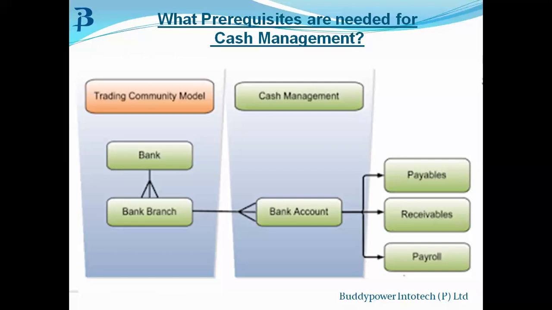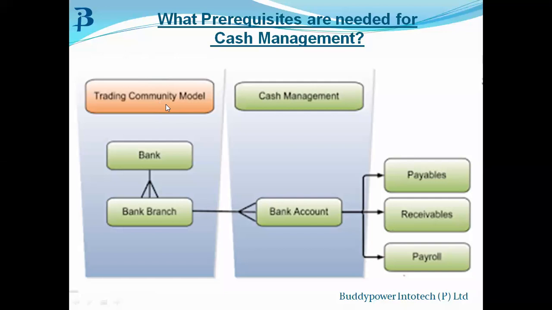TCA or TCM is basically a data model that allows you to manage all your complex information about your parties or customers who belong to your commercial communities, including organizations and locations. So basically, with whomever you're dealing in your business, all that data can be obtained from your TCA model.